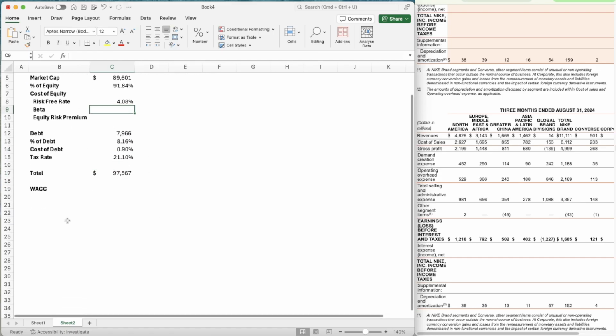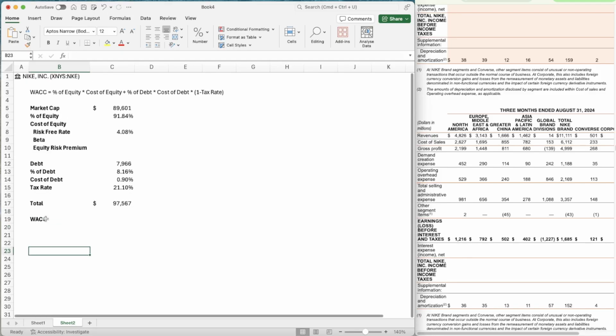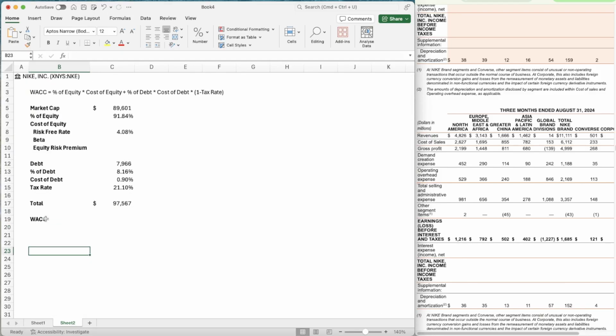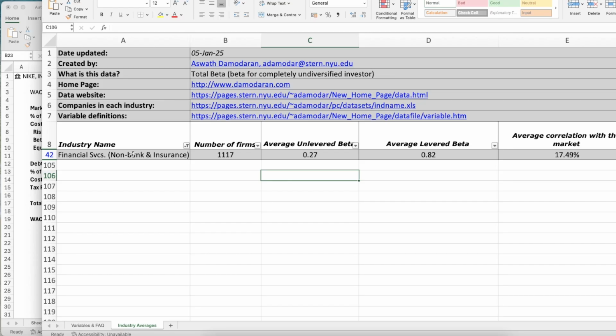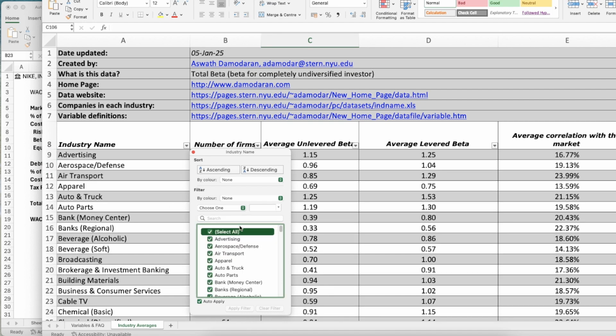So to work out the beta, we need to break Nike down into the industries that it operates in. To be honest, I think we're just going to go with this. If you haven't already, go into Aswath Damodaran's website. He's the professor at NYU, and you can download his betas for different industries.